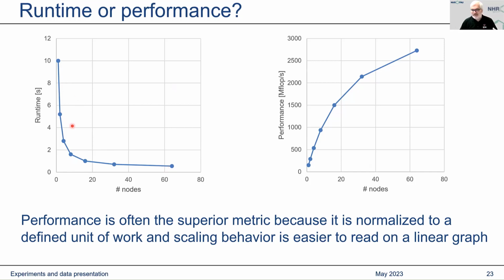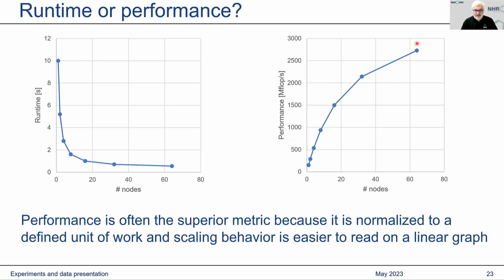Okay? But our brain is not good at identifying hyperbolas. However, our brain is very good at identifying straight lines. And if code scales perfectly, then performance is linear over the number of nodes. And this is easy to see, okay? And it's also easy to see how far this data set deviates from this linear measurement.